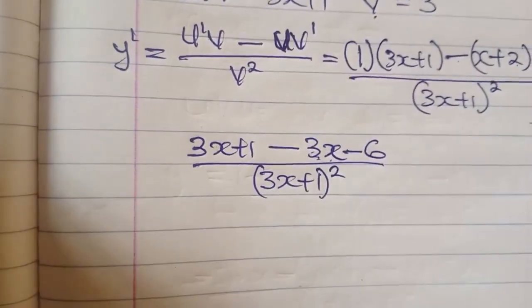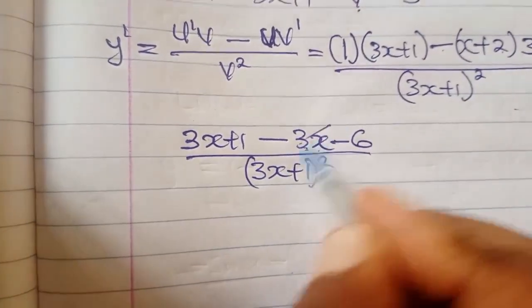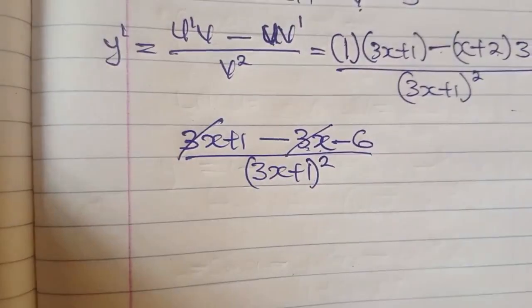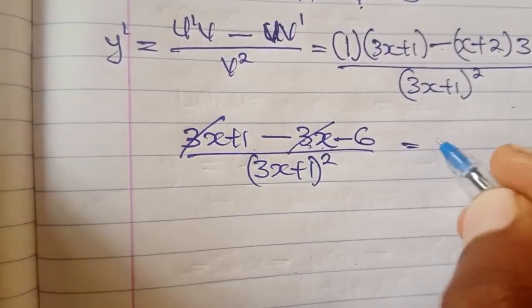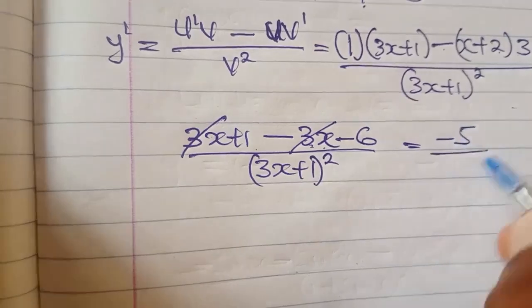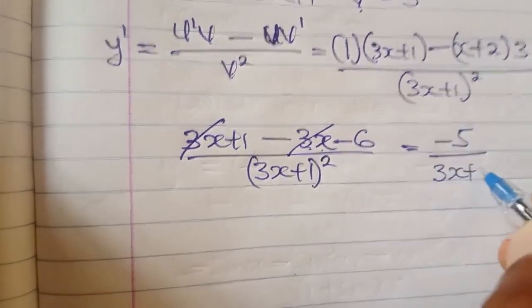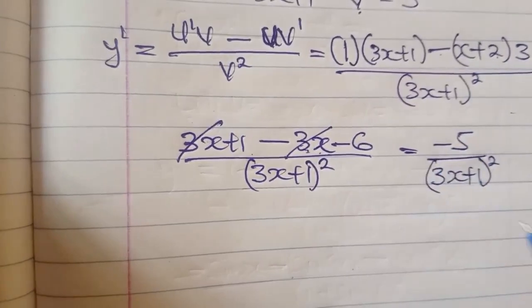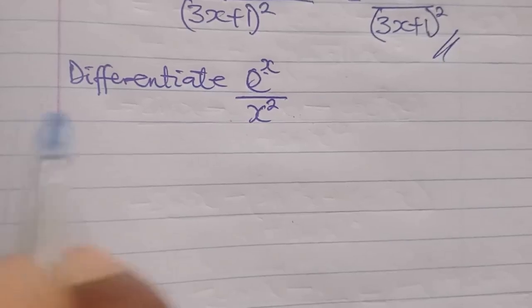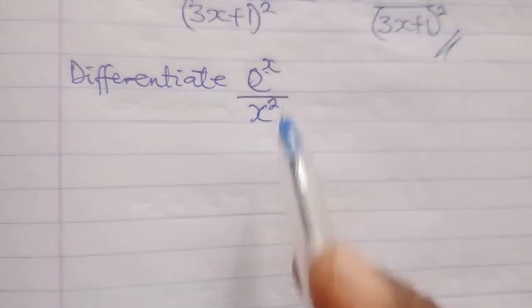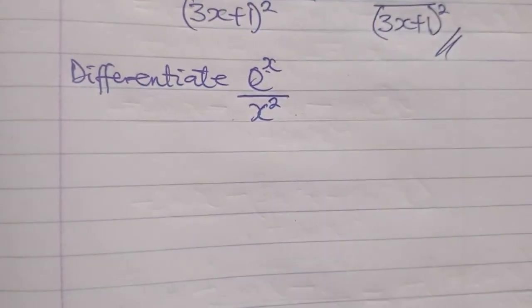The next thing we can do is to see that here is minus 3x, here is plus 3x, so they cancel. We have this and this, which gives us minus 5 all over 3x plus 1 all squared. That's the answer. The next question says differentiate exponential x over x squared.